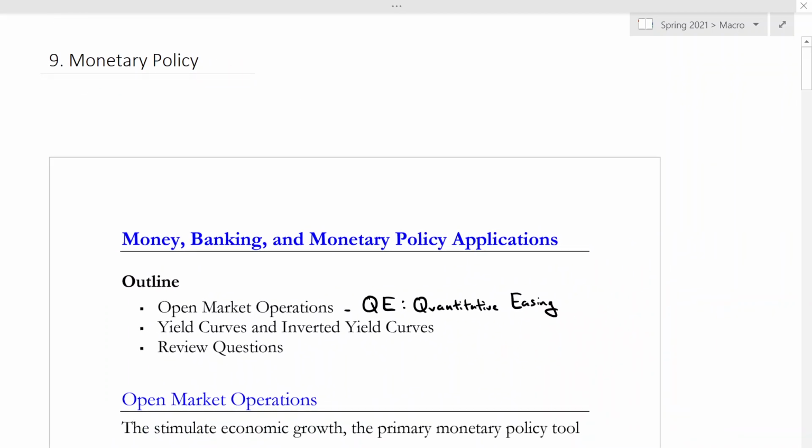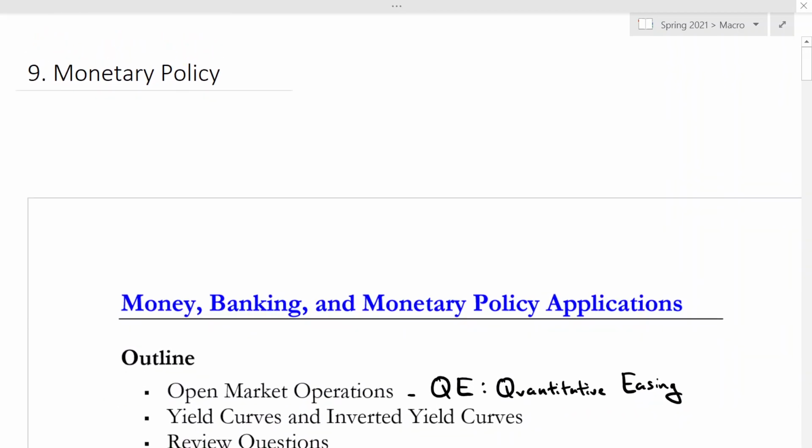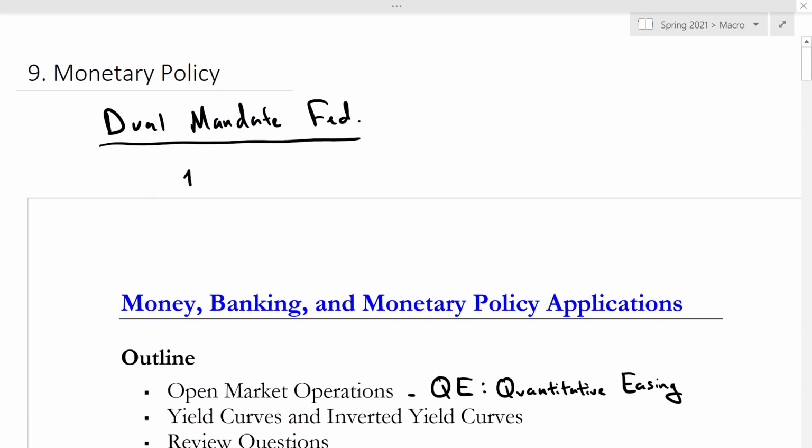But just to start, I want to remind you, way back in the inflation chapter, of the dual mandate of the Federal Reserve, which is essentially to promote stable prices and maximum employment.